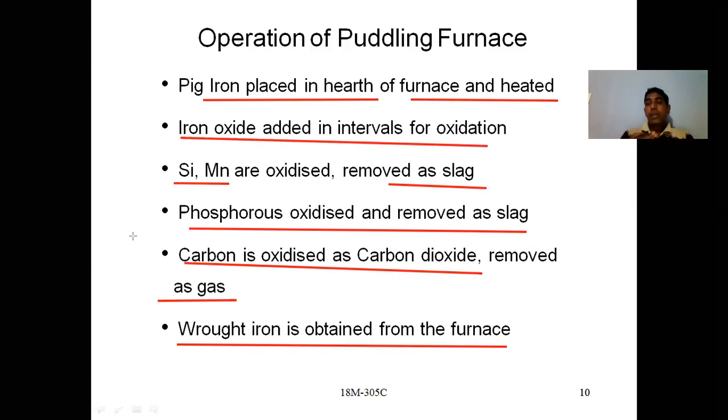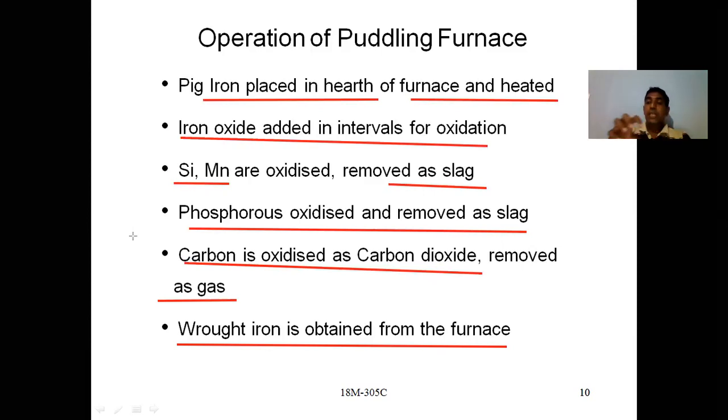So later, what will happen on the hearth? When the pig iron completely melts and the impurities are oxidized and slag is formed, the slag is lighter compared to your molten metal. So the molten metal settles on the hearth at the lower portion, and on that molten metal the slag floats.